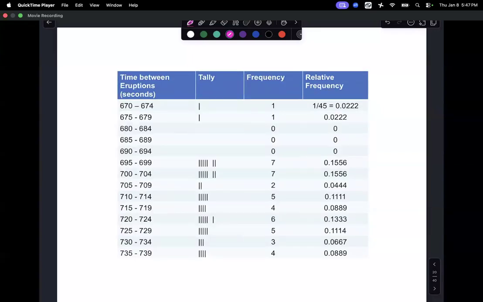I changed my bin width here to 5. So look what happens when I change my bin width to 5. I now have 3 in a row with nothing in them. We don't like that. Let me kind of sketch it here. You're going to end up with a histogram that has a couple of really small ones here, and then you have nothing, and then you have a high one here, and then another high one there.